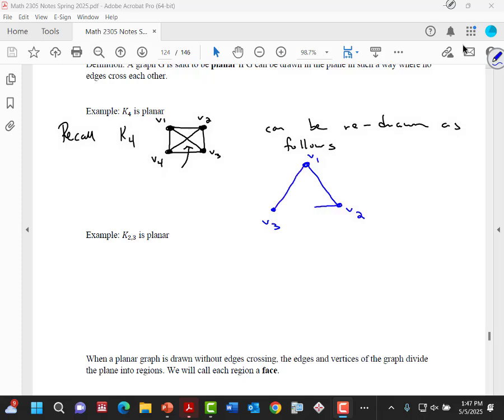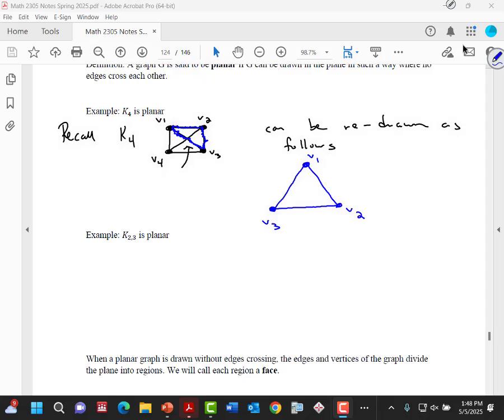V2 is going to connect to V1 and V3. I'll shade the edges that I've done right here. So V1 is connecting to V2. I've got him. V2 is connecting to V3. I've drawn him right here. V3 is connected to V1. That's this edge right here.